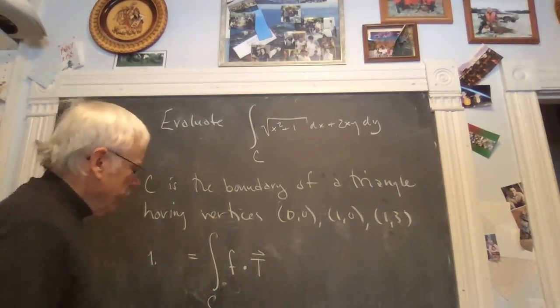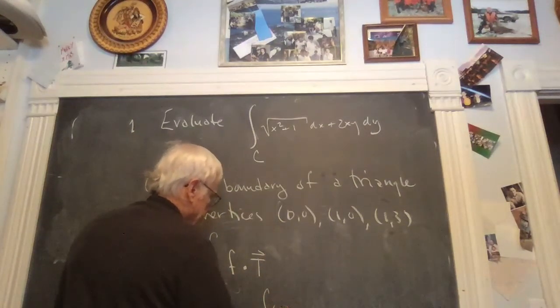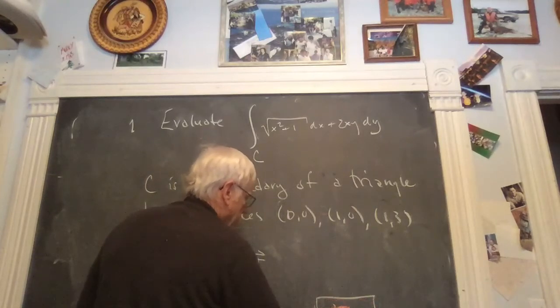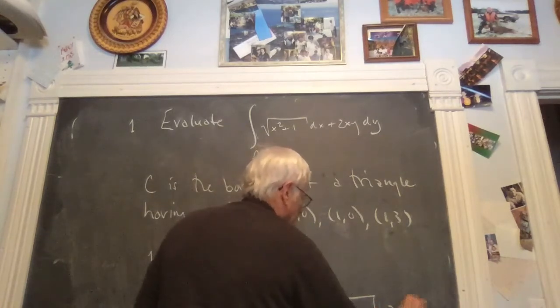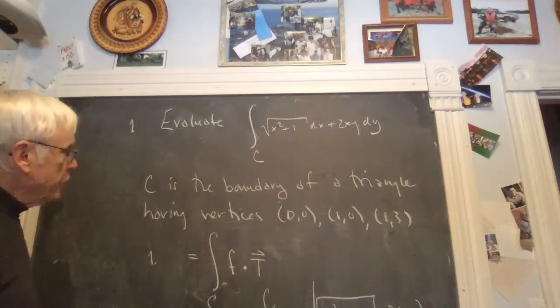So you'll want to identify what F is. So this is the square root of x squared plus 1 in the first coordinate and 2xy in the second coordinate.